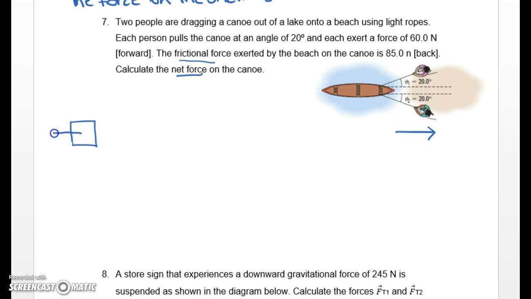So we have this force that's pushing back 85.0 newtons. And we know that each person is exerting 60 newtons forward each. So we're going to have one person pulling at a 20-degree angle like this, and the other person pulling at a 20-degree angle like that. According to our diagram, it is at a 20-degree angle for each person.